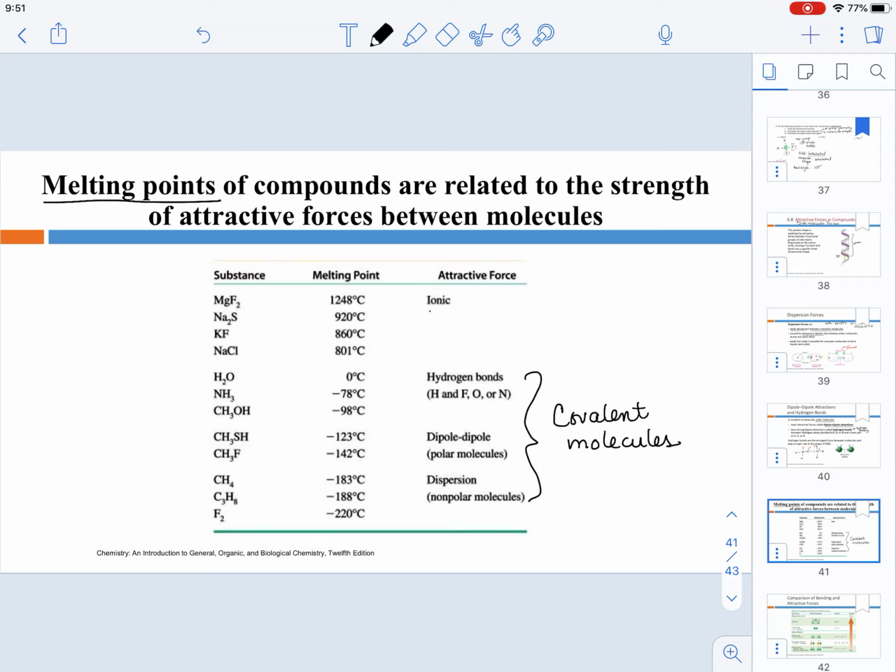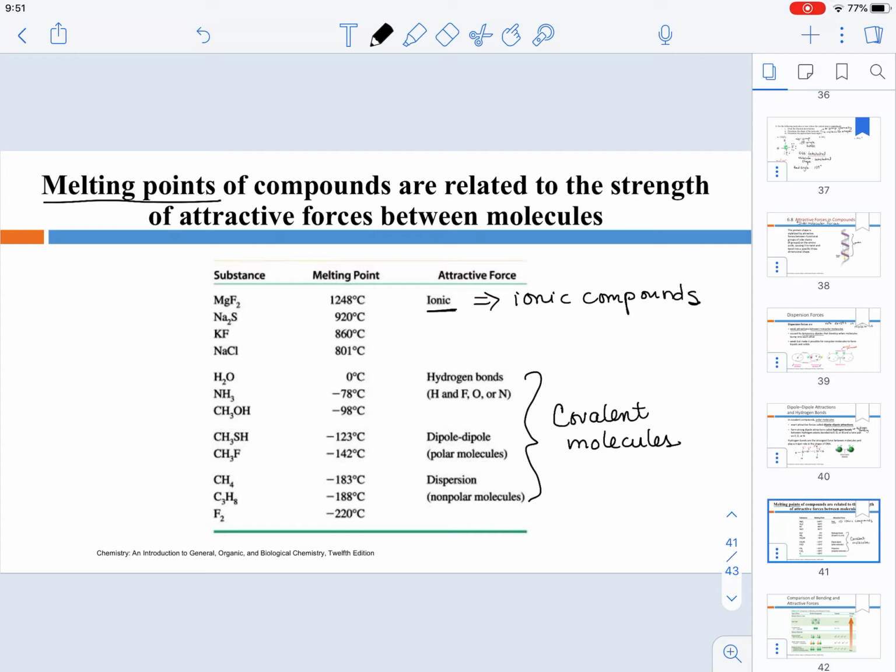Ionic attractive forces are only present in ionic compounds. And understand that ionic is actually stronger than the ones in covalent molecules.